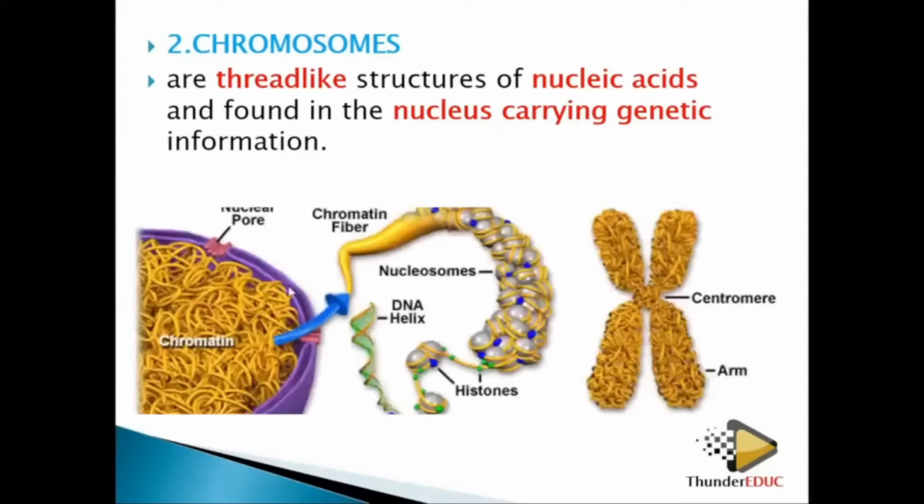If you look at this structure, you might think that these are noodles or spaghetti. But if you condense it, if you shorten it, you squeeze it, it forms what you call chromosomes. So when they cross, they look like this.